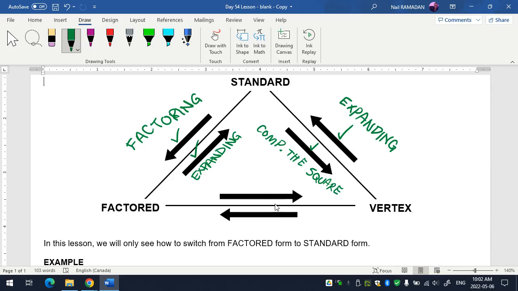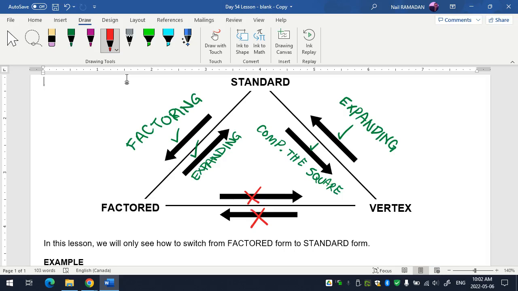Going from factored to vertex or going from vertex to factored? Here's the sad news. No. Neither is possible. No way here, no way here. Which means what? If you want to go from vertex to factored, what's the only way to do it?